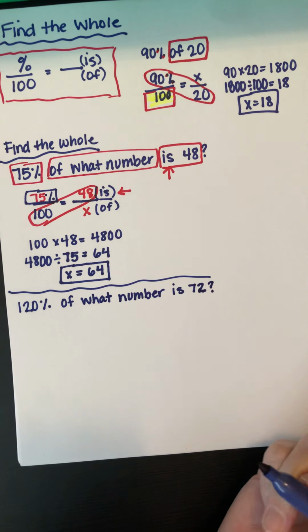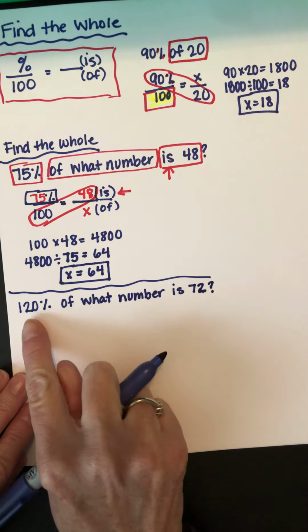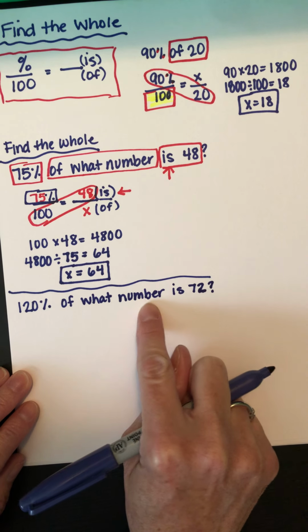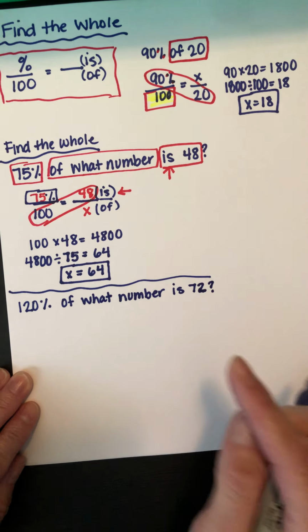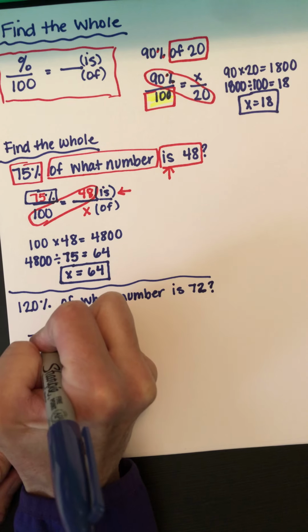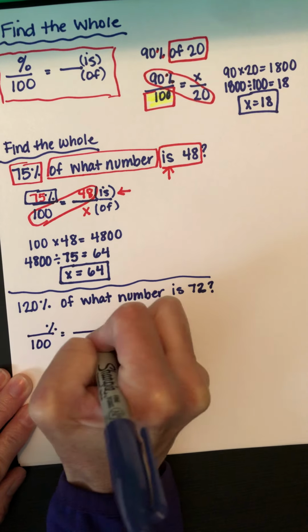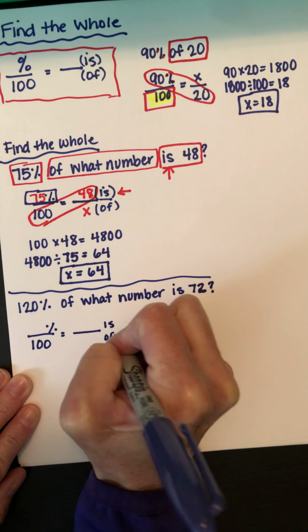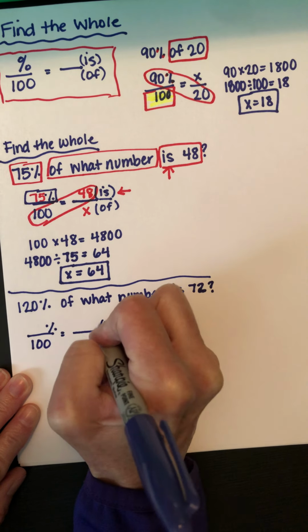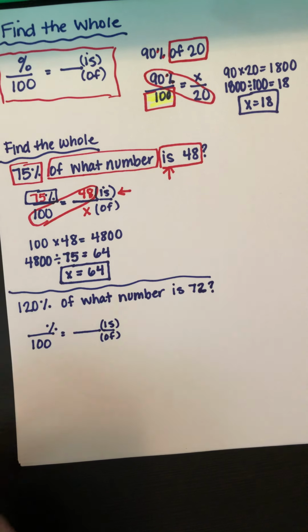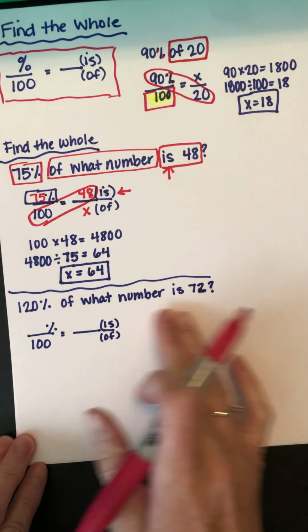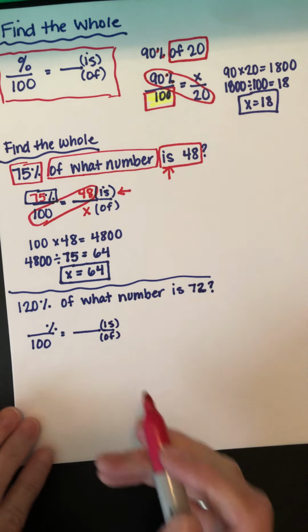Again, pause the video if you need time to catch up, but we're going to do 120% of what number is 72. So again, I'm going to do my percent, which always goes over 100, and I'm going to put my is over of off to the side. And I'm just going to use my clues in my math sentence to plug in my formula.